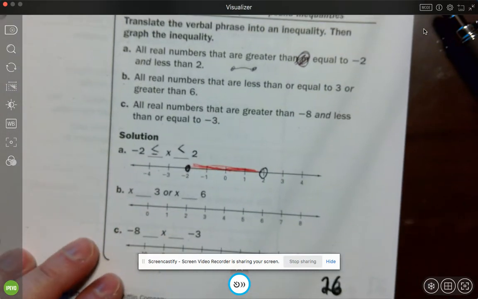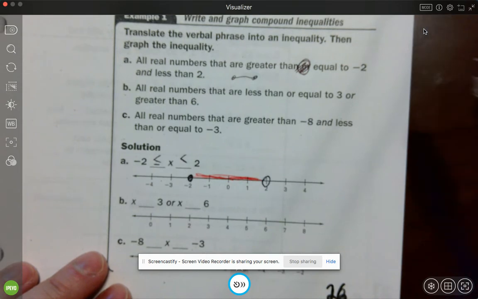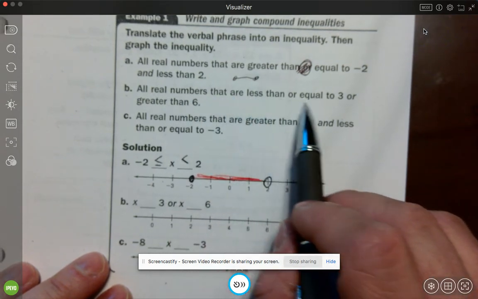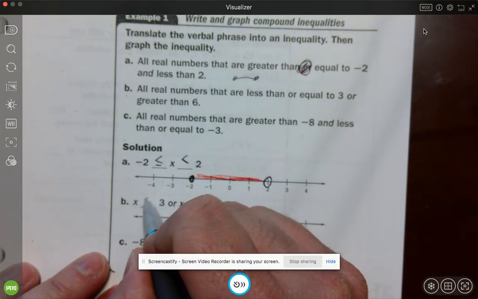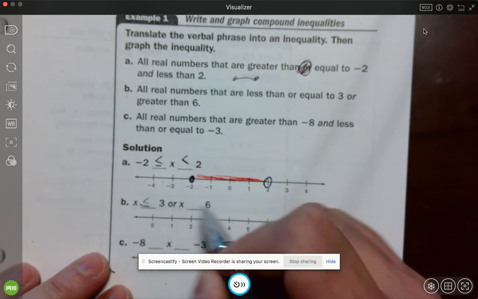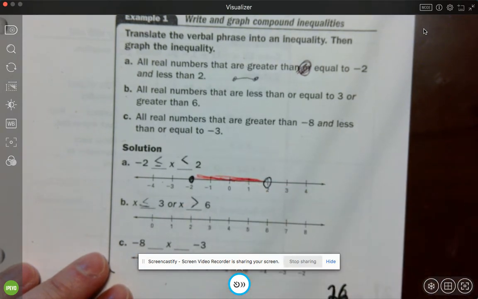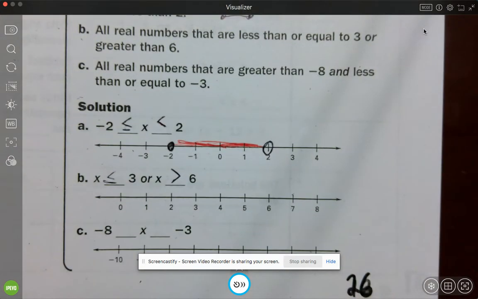Sorry, that was a little lower than I expected. The next one, all real numbers that are less than or equal to 3, or greater than 6. Zoom in so you can see this a little better.